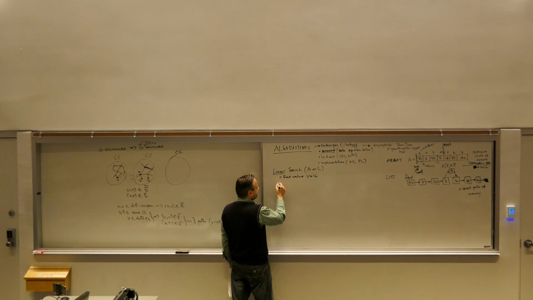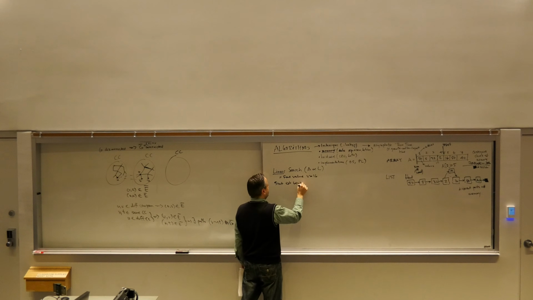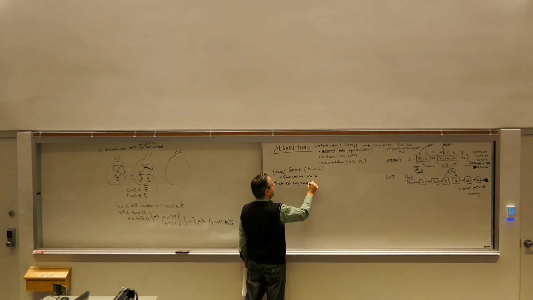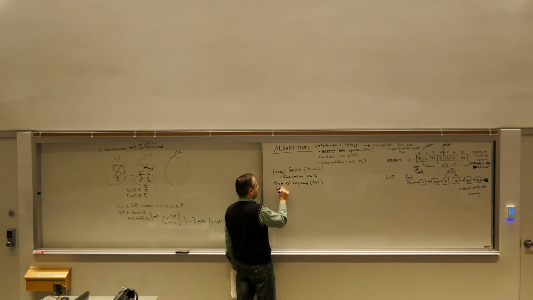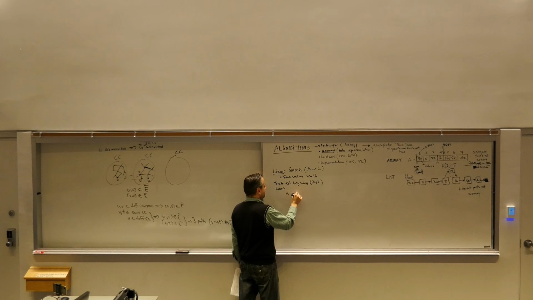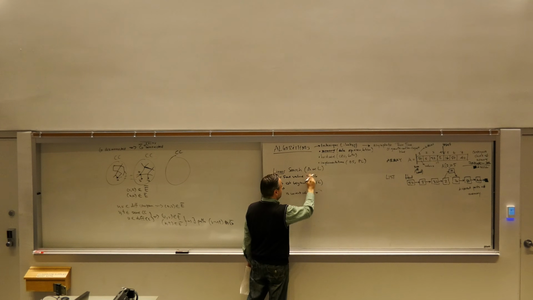It says start from the beginning. So it's a loop, starting at the beginning, either of the array or the list. And there's a loop that says: is the current value equal to the value I'm looking for, b?